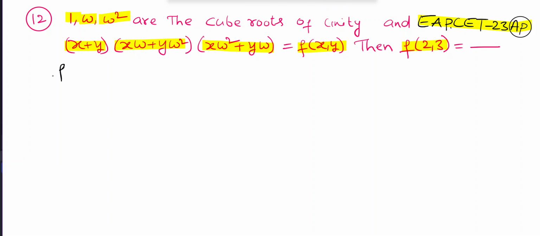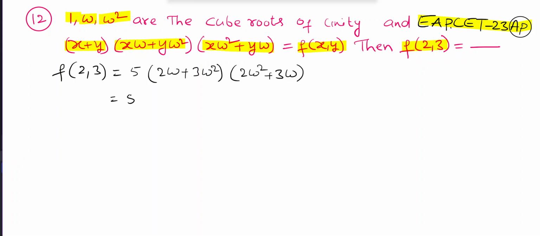Now we find f of 2 comma 3, substituting x value 2, y value 3 in this equation. x plus y, that is 2 plus 3, is 5. x omega plus y omega square is 2 omega plus 3 omega square. This is x omega square plus y omega, which is 2 omega square plus 3 omega.